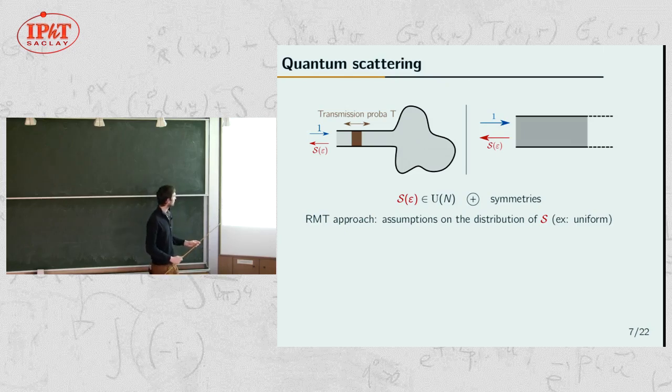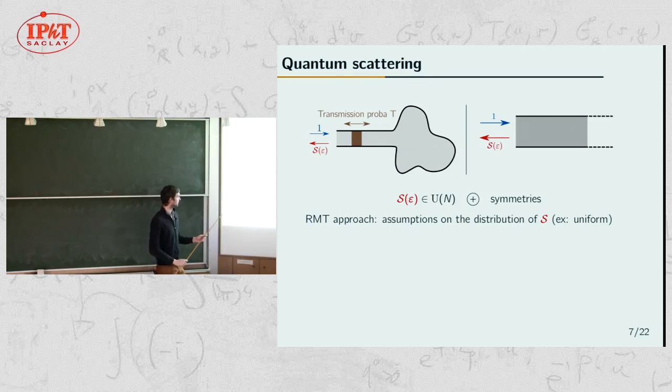Now, in this field, the central element is the scattering matrix, which tells you the amplitude of the wave coming out, given the amplitude of the wave coming in. So this matrix is unitary, because you have conservation of the number of electrons that you send inside. And it must also satisfy different symmetries depending on the symmetry classes that I mentioned before.